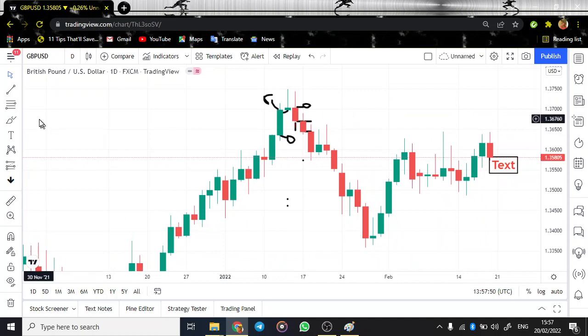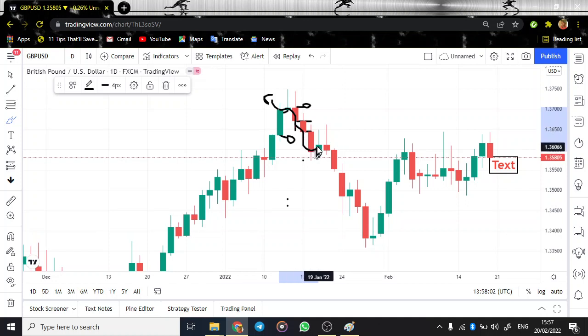Okay, so if this candlestick closes here and this one closes here, the red one closes down here, this becomes a line, and closes here, here, close, close, close.